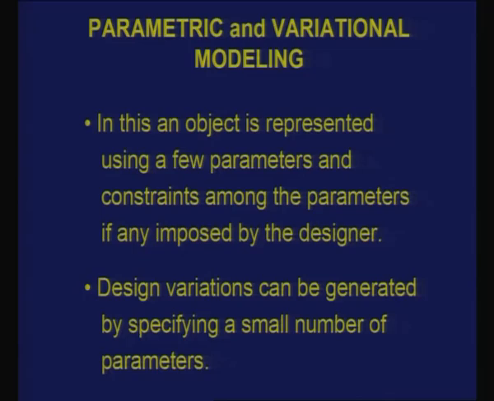So what is done in both parametric and variational modeling is that an object is represented using a few parameters and constraints among the parameters, if any, imposed by the designer. If you recall, when we were discussing solid modeling, we looked at primitive instancing, which refers to representing a class of objects using certain fixed parameters.